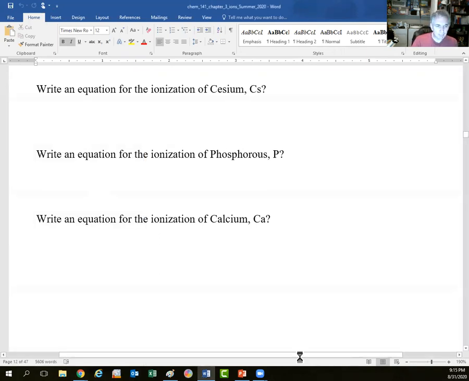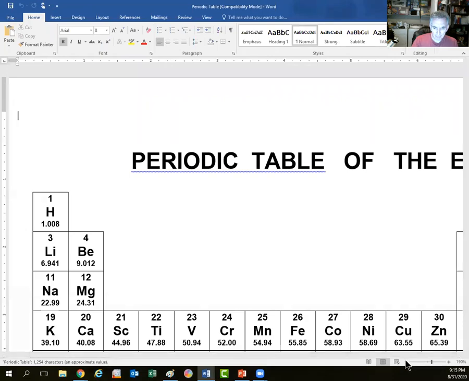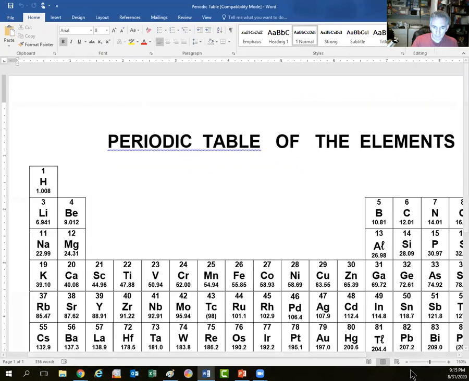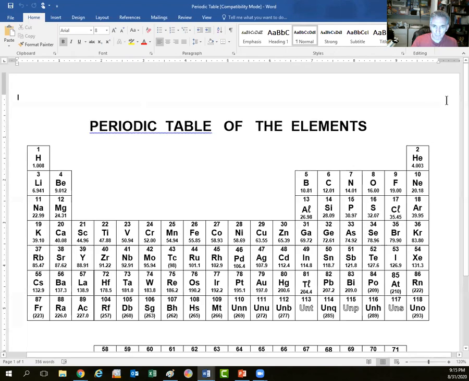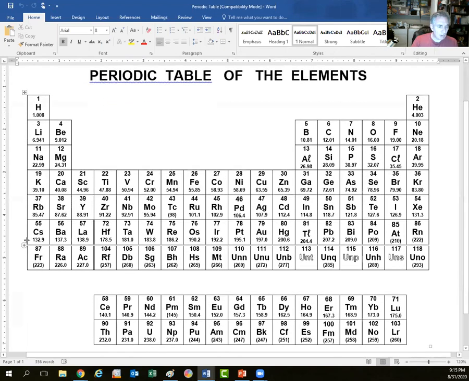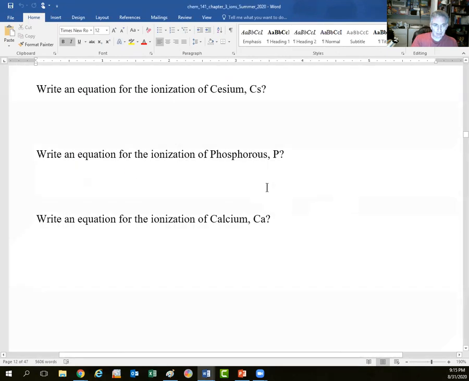So the cesium. Cesium in the table is a group 1 alkali metal. It's the first element in the 6th row, so it has 1 electron in its 6th shell. It's clearly a metal from its position.